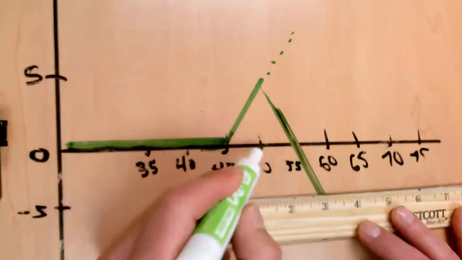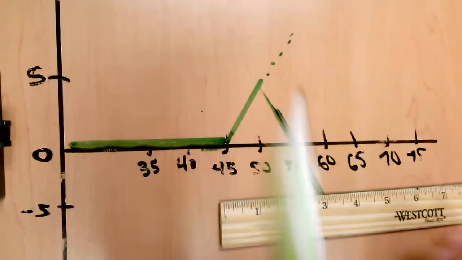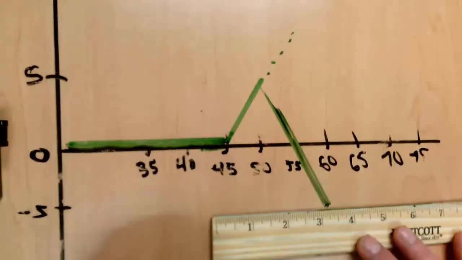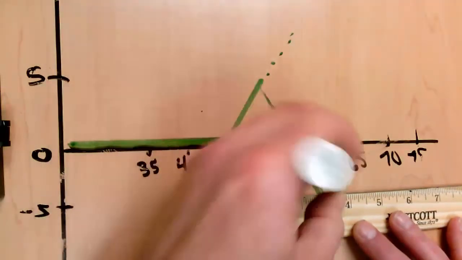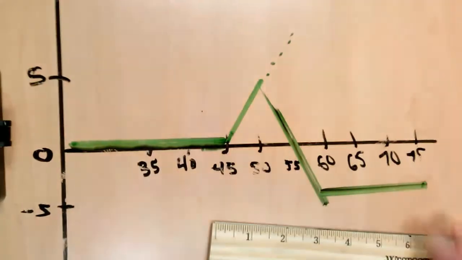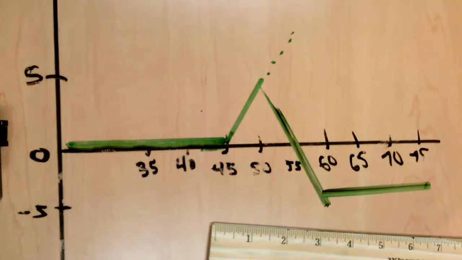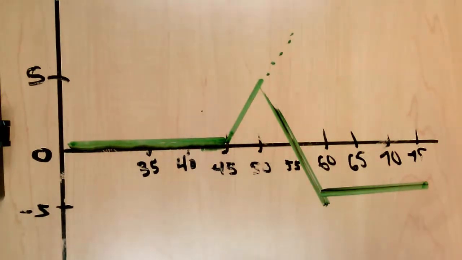Because between 50 and 60, it went down by 10, from positive 5 to negative 5. I don't know why that didn't draw. There we go.